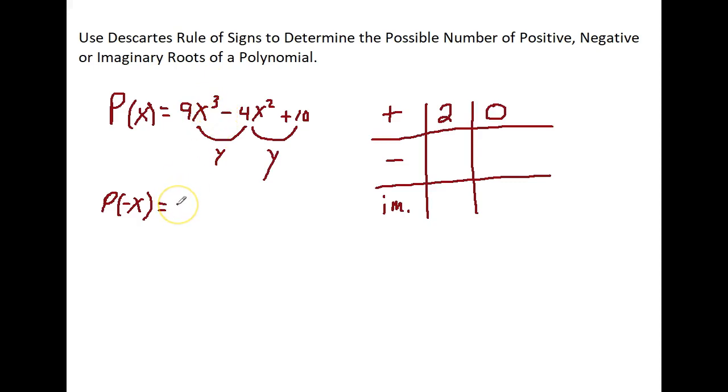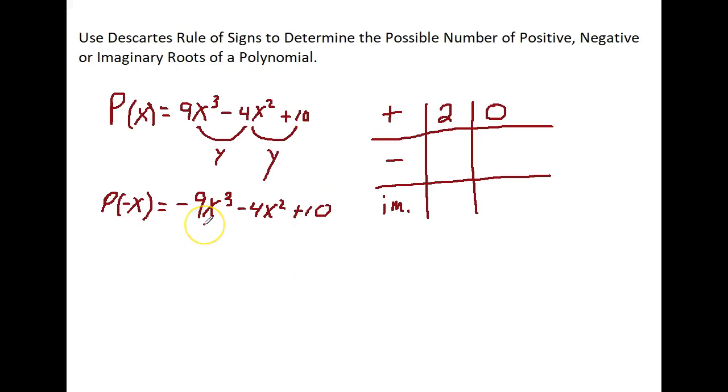So if I plugged in negative x, I would have negative 9x cubed. But see, squared terms will not change the sign, because when you square a negative, you still get a positive. So it stays the same. Minus 4x squared, and constant values stay the same, plus 10.